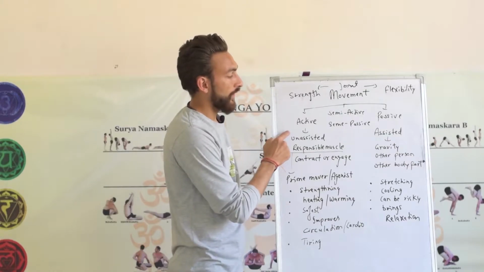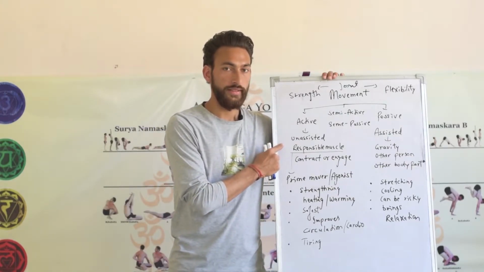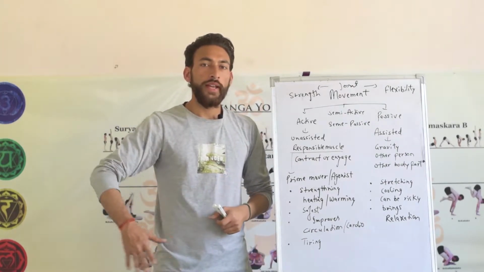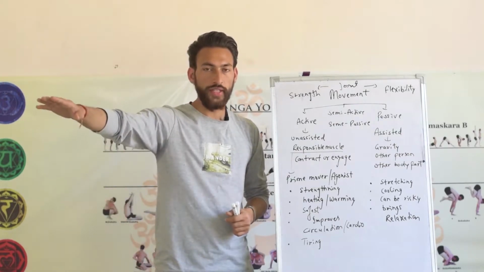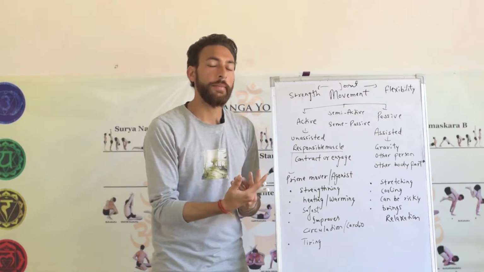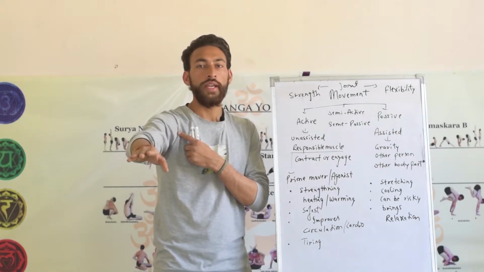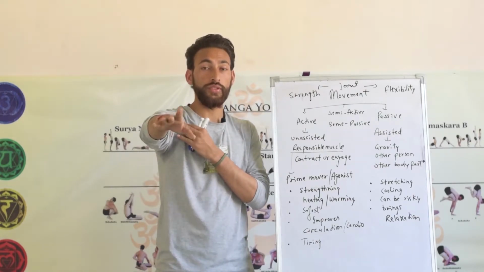So what is active movement? Active movement is the movement which is unassisted. Unassisted means, let's say I want to move my hand up, and as you can see right now, I'm not taking any assistance to move. Nothing is helping me. When I'm doing this movement, my shoulder is moving, and it is only the shoulder muscles which are helping me do this movement.